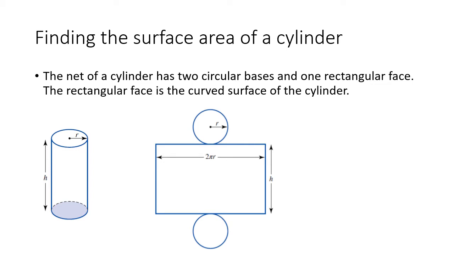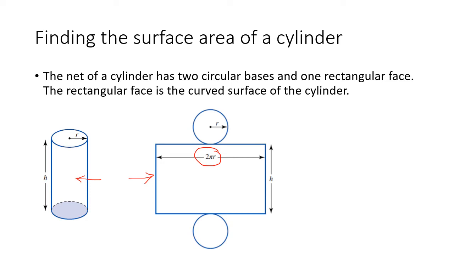And then where it becomes similar to our calculations with right prisms is that the curved surface of the cylinder, when we flatten that out in a net, turns into a rectangular shape, so it's very much the same as what we could see with the right prisms. The difference is that the width of this rectangle is given by the circumference of the circle, whereas with the right prisms it was just adding up the perimeter of the end shapes.